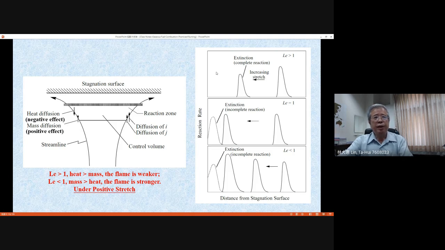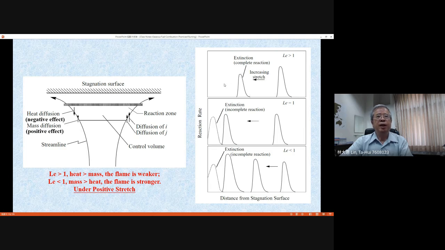When you increase the stretch, it means that you're increasing the injection velocity, right? Continuously, the flame will move from the upstream side closer to your stagnation plane, as described for Lewis number equal to 1. But in the process of approaching the stagnation surface, you will find from the figure that the chemical reaction rate becomes weaker.